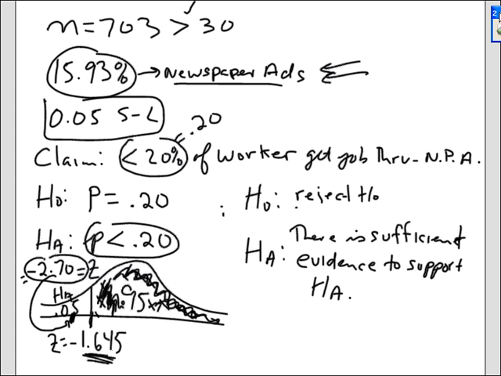Less than 20% of the workers get their jobs through newspaper ads. There's strong evidence to support that. So you always have to use the word reject when it comes to the null hypothesis. Either you reject it or you fail to reject it.